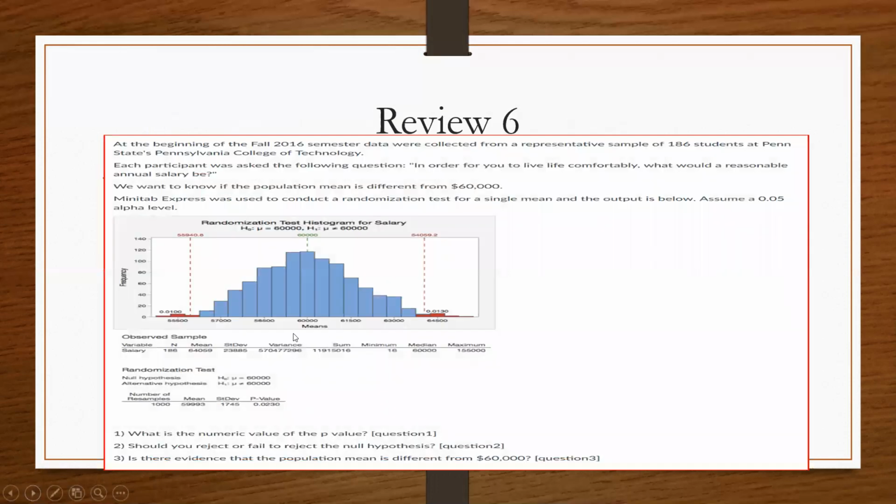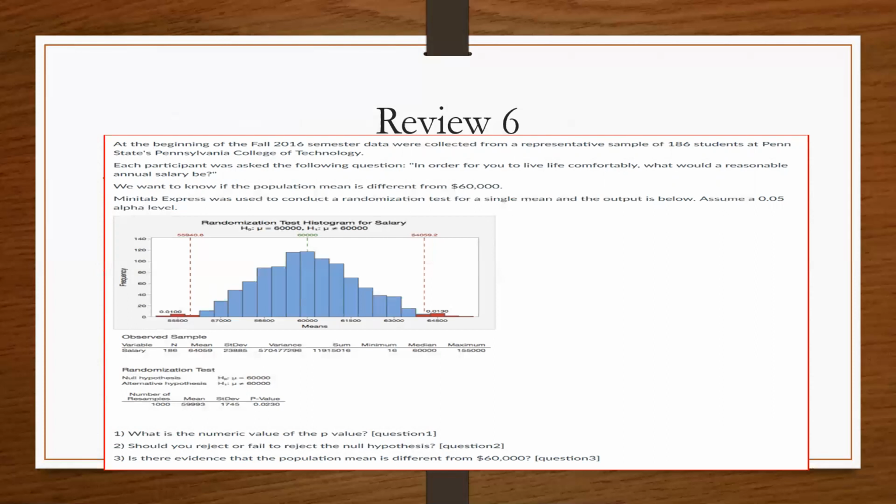All right, and here is the large question I was talking about. At the beginning of the fall semester, data was collected for a representative sample of 186 students at Penn State's College of Technology. Each participant was asked: in order for you to live comfortably, what would your reasonable annual salary be?